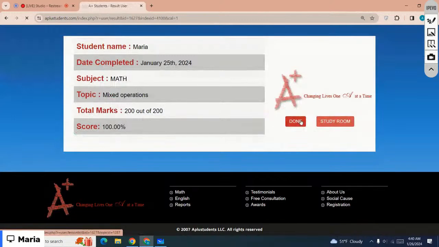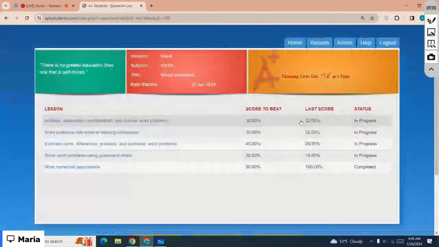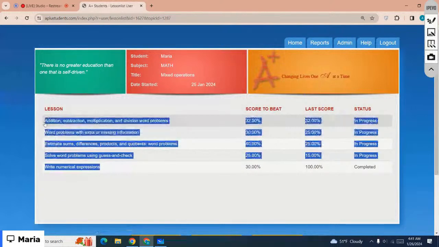Okay, so we were working on grade 4 math. The chapter we're working on is mixed operations. The lessons we have covered are addition, subtraction, multiplication, and division word problems with extra or missing information, estimate sums, differences, products, and quotients word problems, solve word problems using guess and check, and the one we've just finished is write numerical expressions, right?